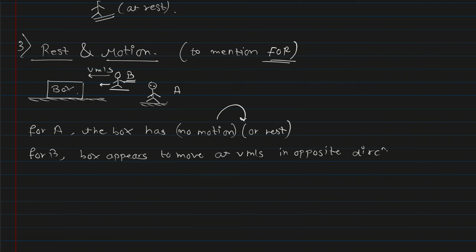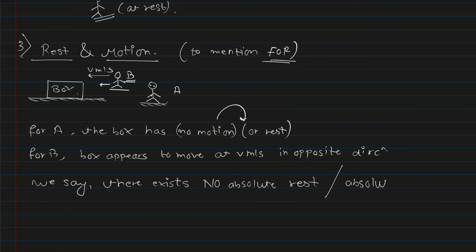There's no problem. Because of this ambiguity, we say there exists no absolute rest or absolute motion.